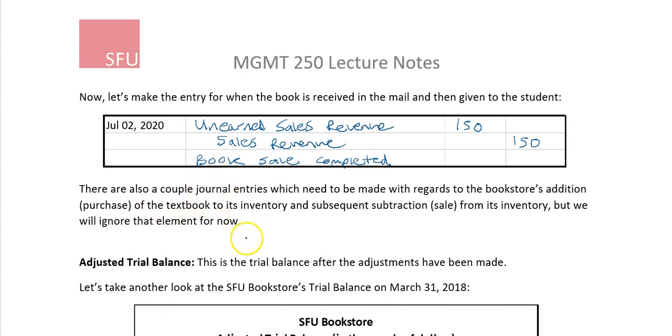There are also a couple of journal entries which need to be made with regard to the bookstore's addition of the textbook to its inventory and subsequent subtraction or sale from its inventory. We will ignore that element for now.